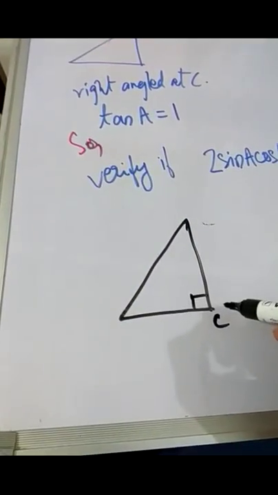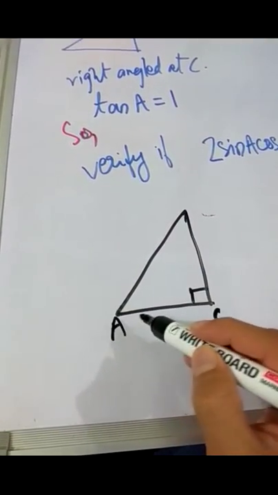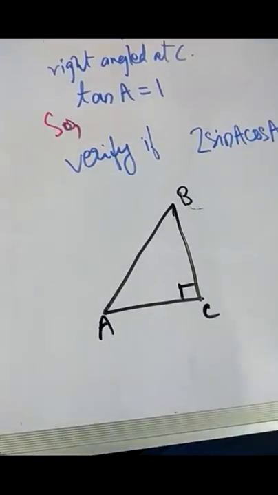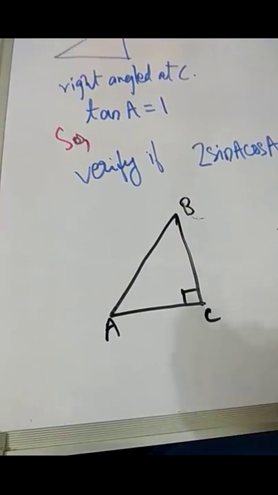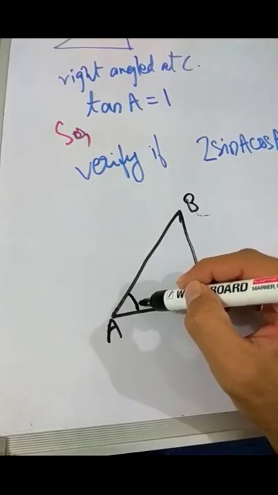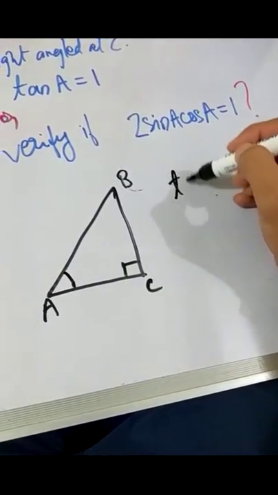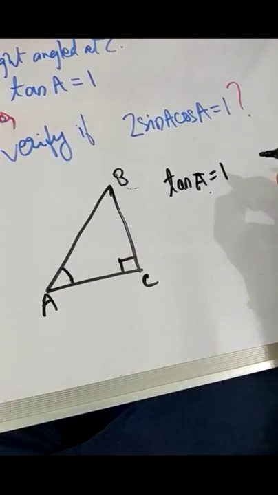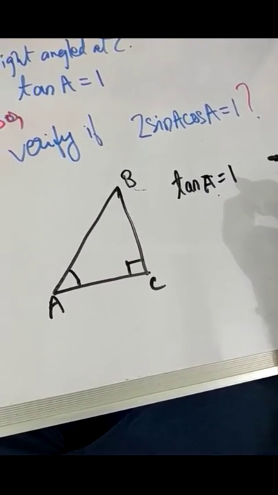Right angled at C, so we write C here, A for ease of doing it, and this is B. So now this is the angle A. Given that tan A equals to 1.